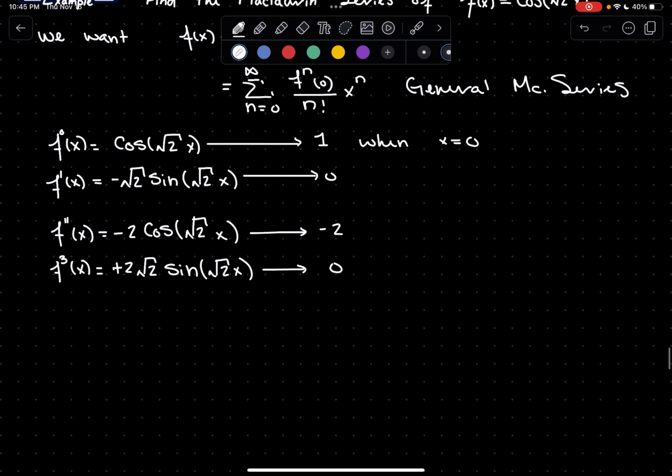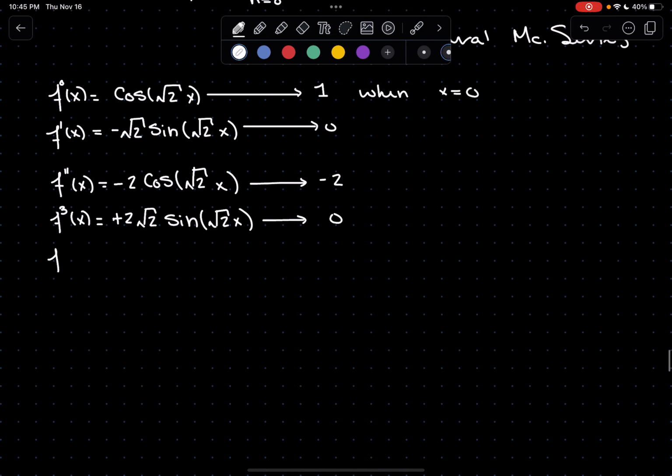Because sine of 0 is 0. Okay, and the fourth derivative of x is going to be equal, derivative of sine is positive cosine, so I'm going to pull out another root 2, so I'm going to get 2 times cosine of square root of 2 times x, and that's going to become a positive 4.